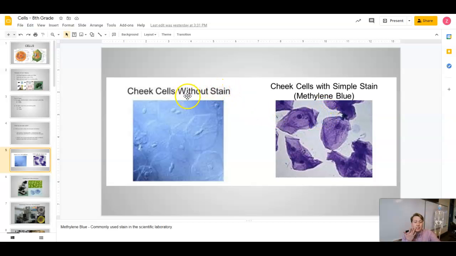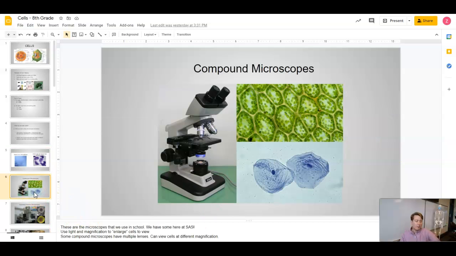So these could be cells that come from inside a person's cheek in their mouth, and they're a little bit clear and hard to see what's going on. But then when they're stained, and you'll eventually do these throughout your science career in high school, they're easier to see. And that's the compound light microscope, like I showed you.